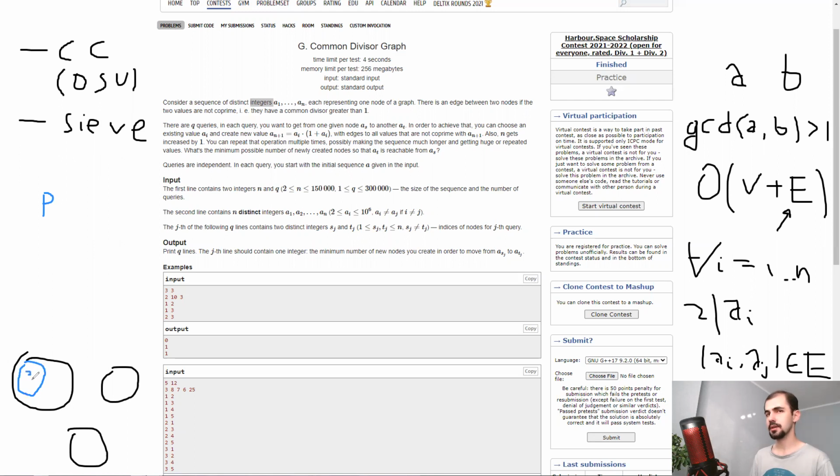So here may be a component of number 3, here may be a component of number 5, and then here may be a component of number 7 or 11, and they combined give one component of the resulting graph.